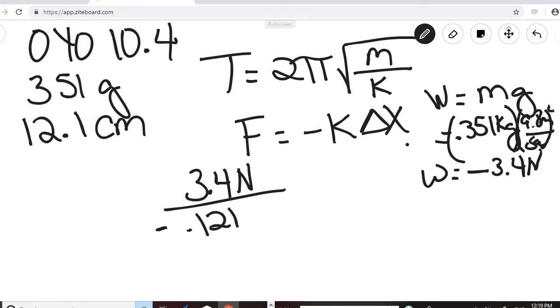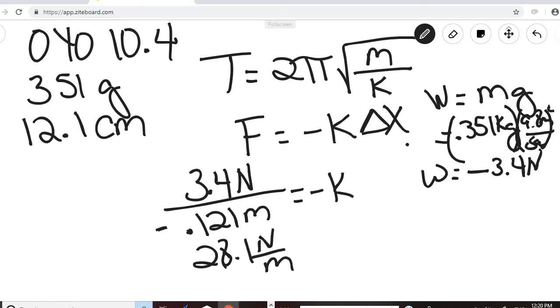And it's going to be in a downward direction, because the spring is going to pull down on it. And so that's going to give us negative k, and all we have to do is change the sign and we get k. So k is equal to 28.1 newtons over meters.